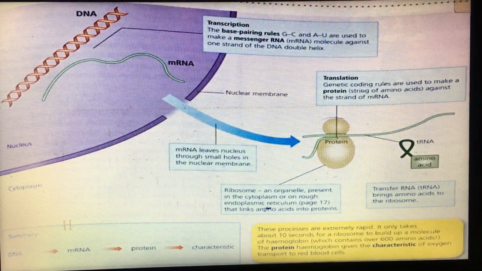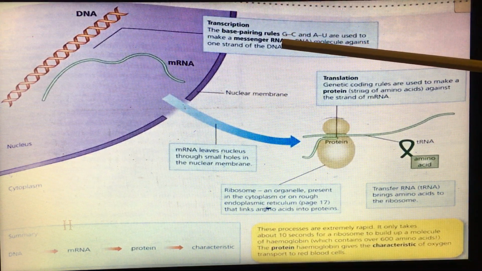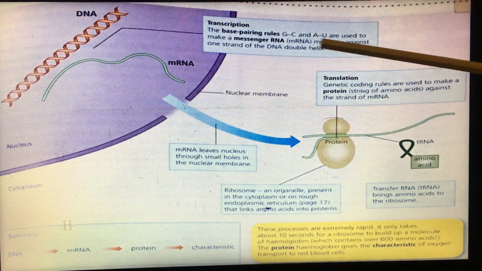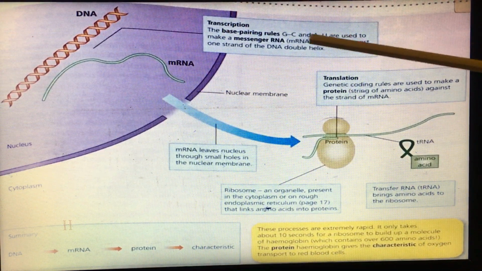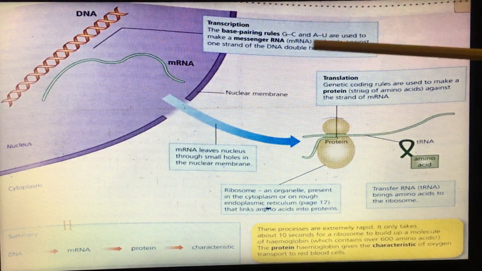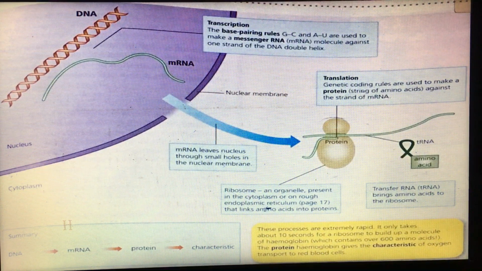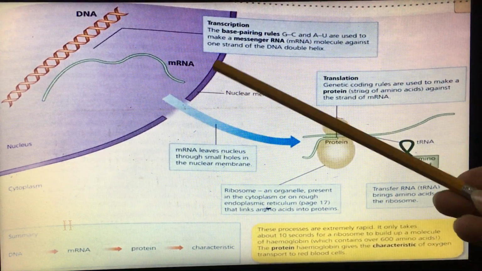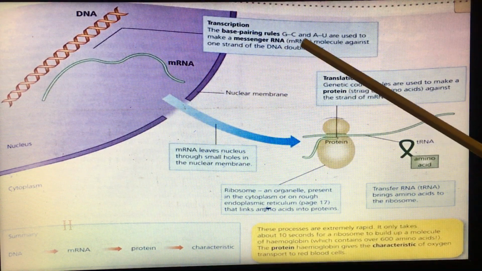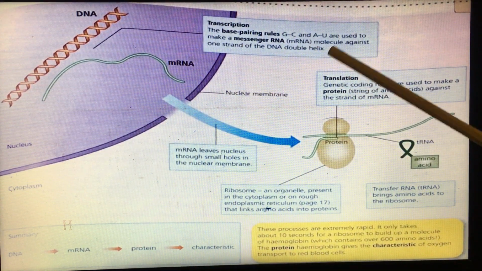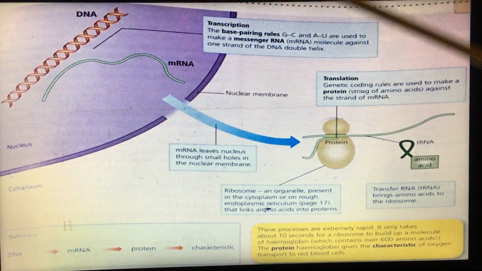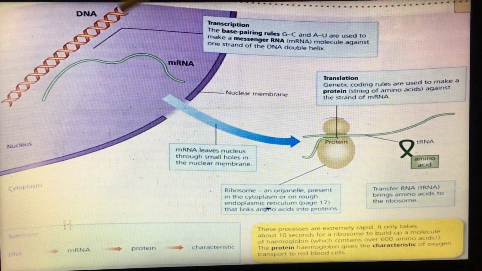In transcription, the base pairing rules are G, C, and A, U. Instead of AT in DNA, we have AU in mRNA. So GC and AU are used to make a messenger RNA molecule against one strand of the DNA double helix. Here we have two strands in the DNA double helix.